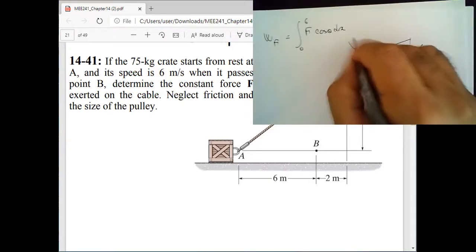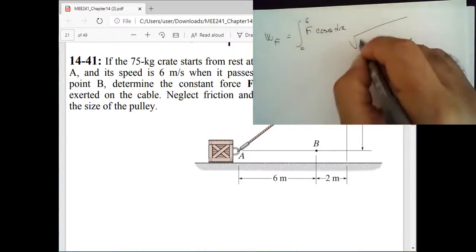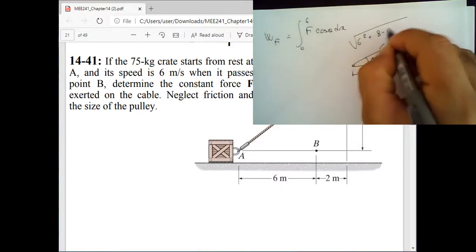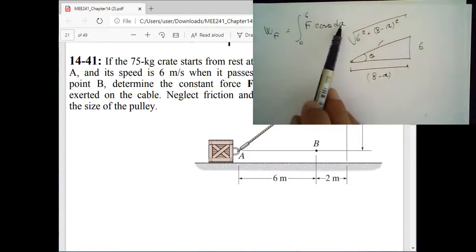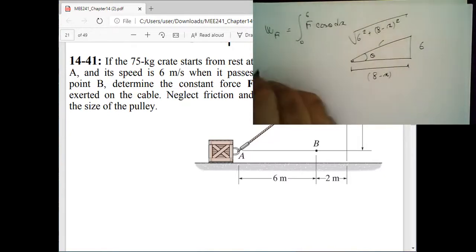So the hypotenuse is the square root, by Pythagorean, of 6 squared plus (8 minus x) squared. Now basically we are converting cosine theta into x, because we have two different variables here, theta and x, so we cannot integrate that. So what is your cosine theta?